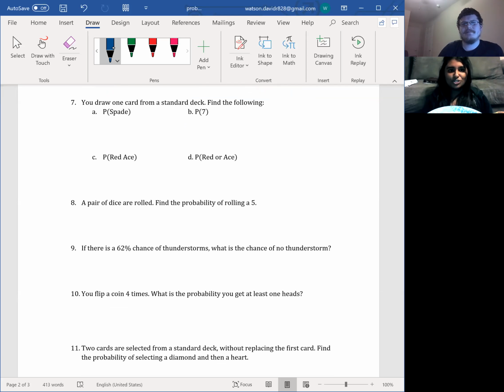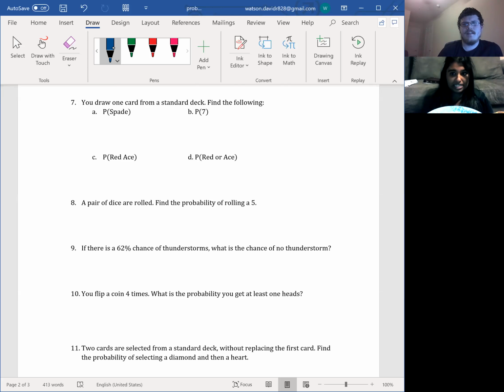All right, so now we're starting to get into probability. And I want you to underline those in a different color because you need to know the difference between total and probability. So number 7, all talking about probability. You draw one card from a standard deck. Find the following.